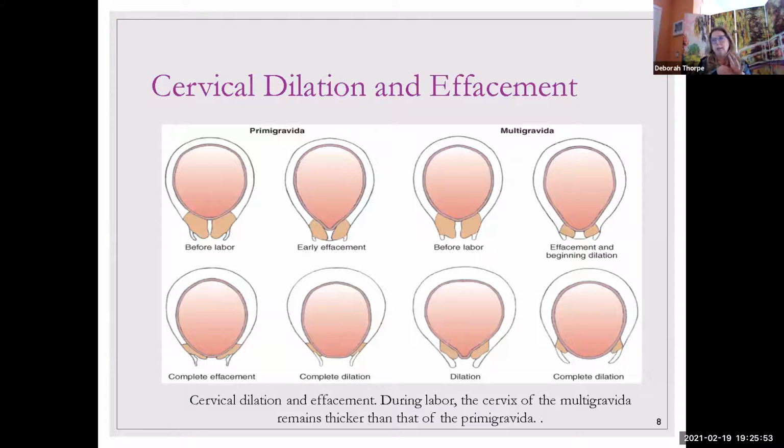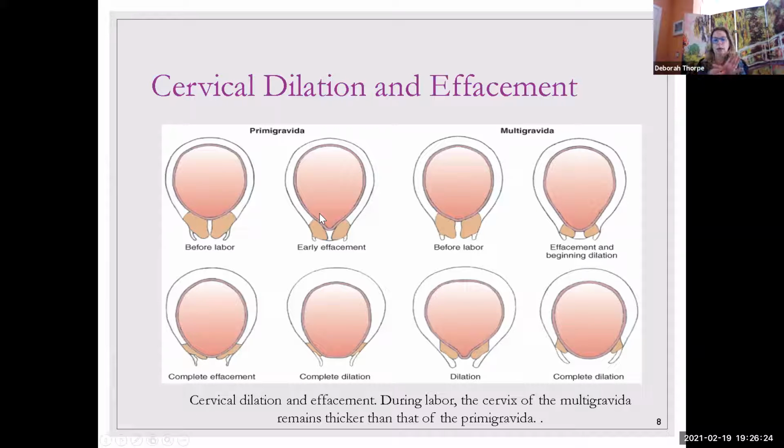As the cervix thins out, and it's called effacement, the cervix becomes really thin. It's when you open your hand up and you have, between the thumb and the index finger, how thin that skin is right in there. That's how thin the cervix gets. You have to have it get that thin in order for dilatation really to occur, especially with a first baby.